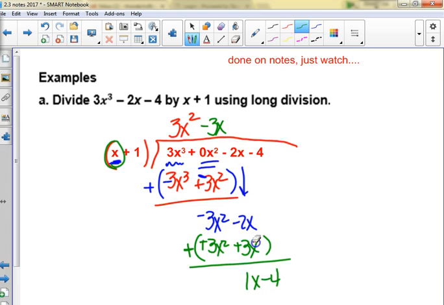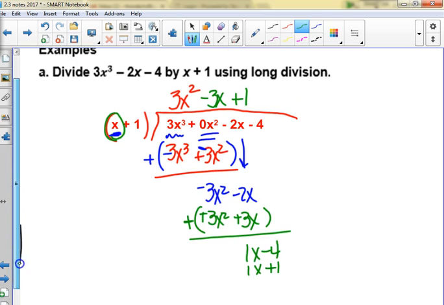1x goes into x once, so I need to multiply by exactly 1. I get 1x plus 1. Again, I'm subtracting. So if I add and change the signs, I get what? Be careful. -4, I changed it to add a -1, or it was subtract +1.